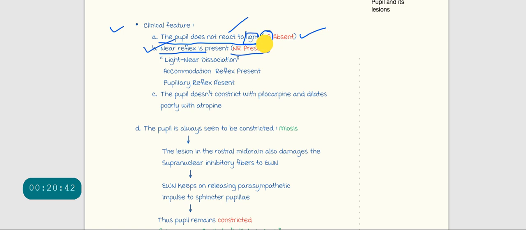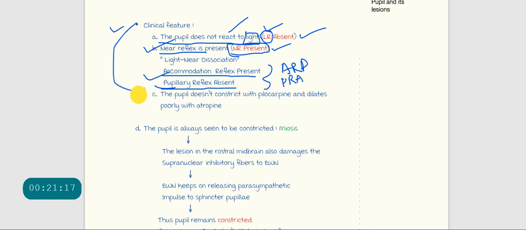Here is a mnemonic for this: ARP, and the opposite of it, PRA. What are ARP and PRA? Accommodation reflex present and pupillary reflex absent. The clinical features also include that the pupil does not constrict with pilocarpine and does not dilate with atropine.